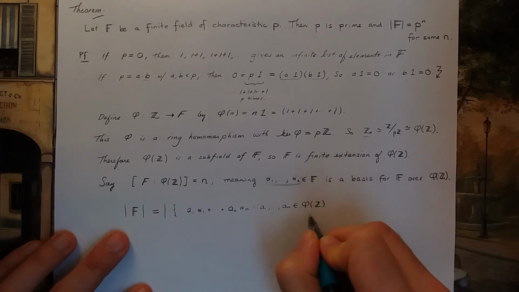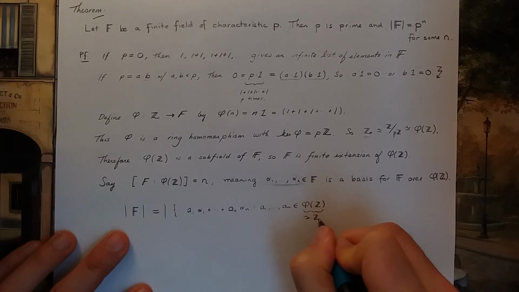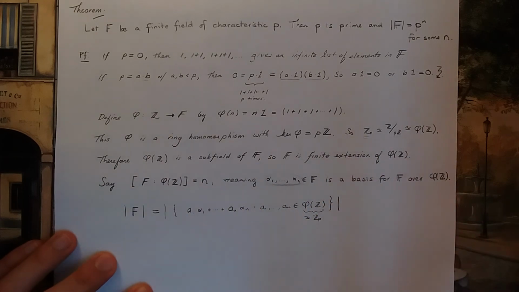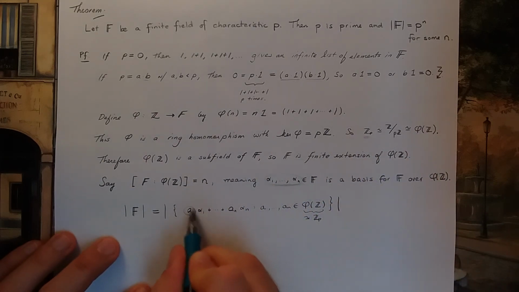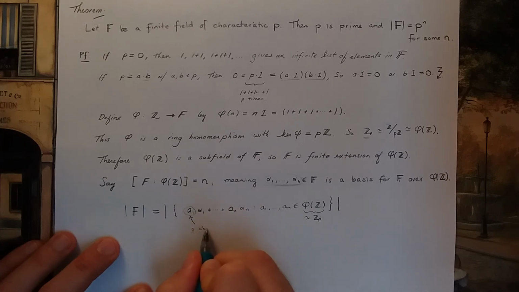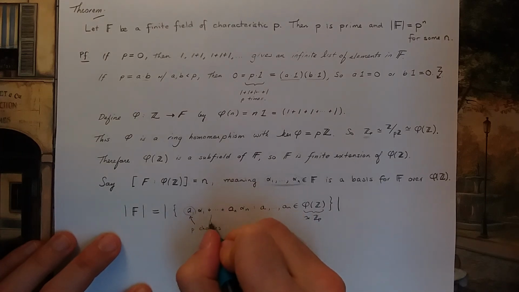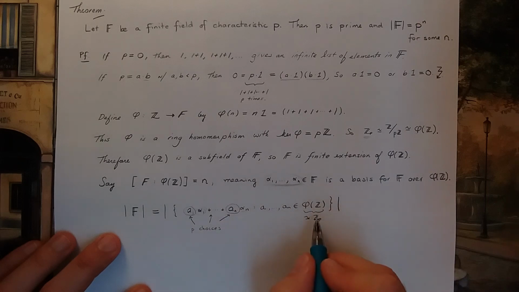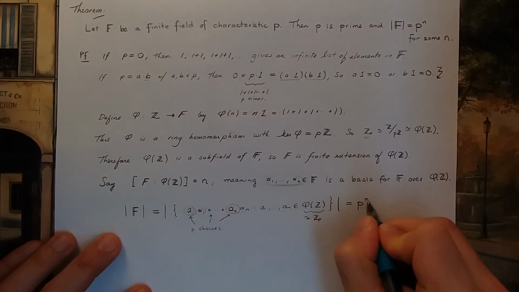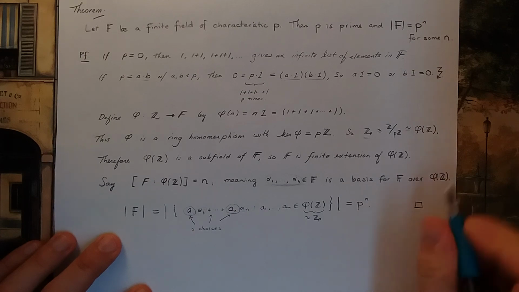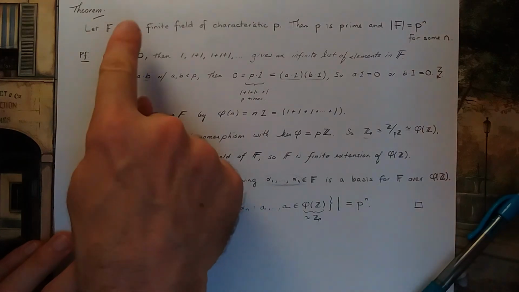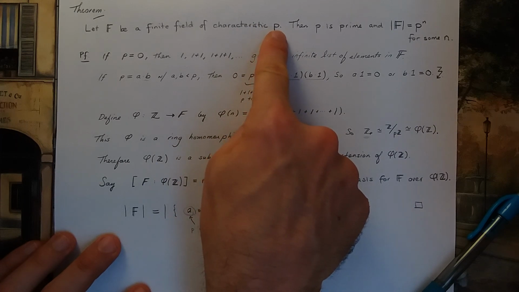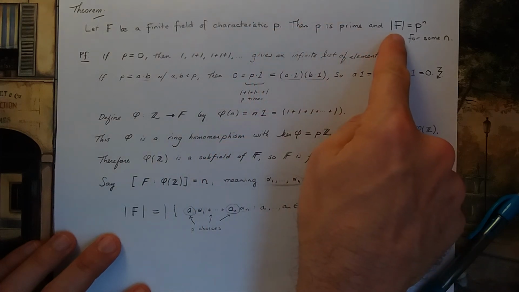This subfield is isomorphic to Z_p. So I have p choices for this coefficient, p choices for a2, p choices for an. Each coefficient in front of my basis vectors can be one of p different values. So that means the size is p to the n. Okay, well, there's a wonderful proof that a finite field has to have characteristic p and actually has to have a size of a prime power.